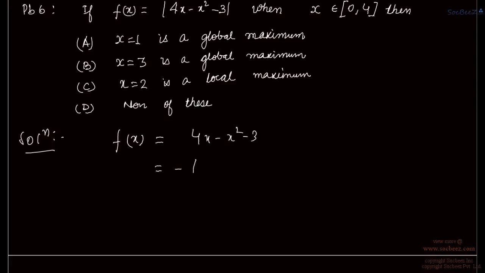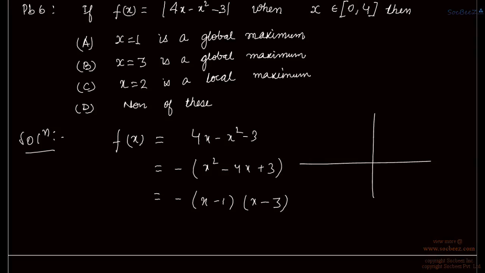Again, let us say f(x) is equal to 4x minus x square minus 3, or we can write it as minus of (x square minus 4x plus 3), or we can have minus (x minus 1)(x minus 3), right? So if we draw this curve at 1 and 3, then we will be getting something like this.